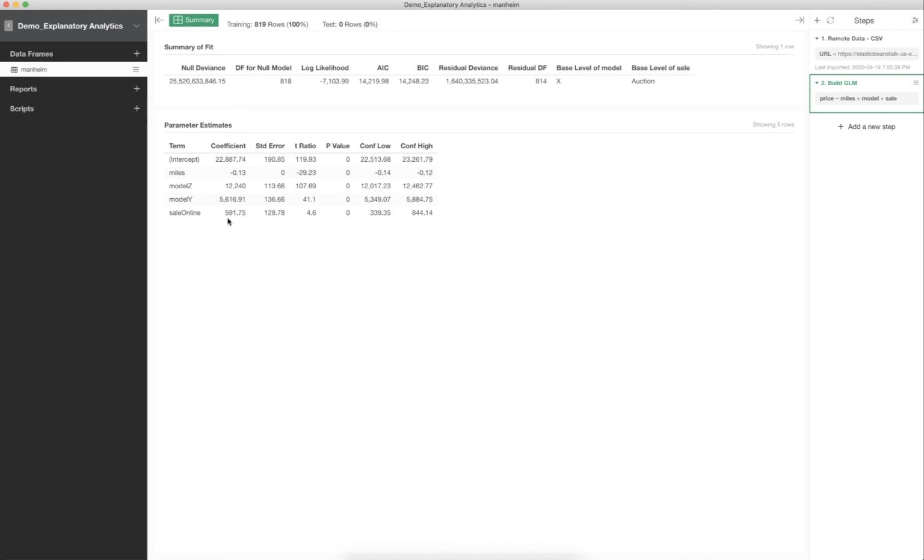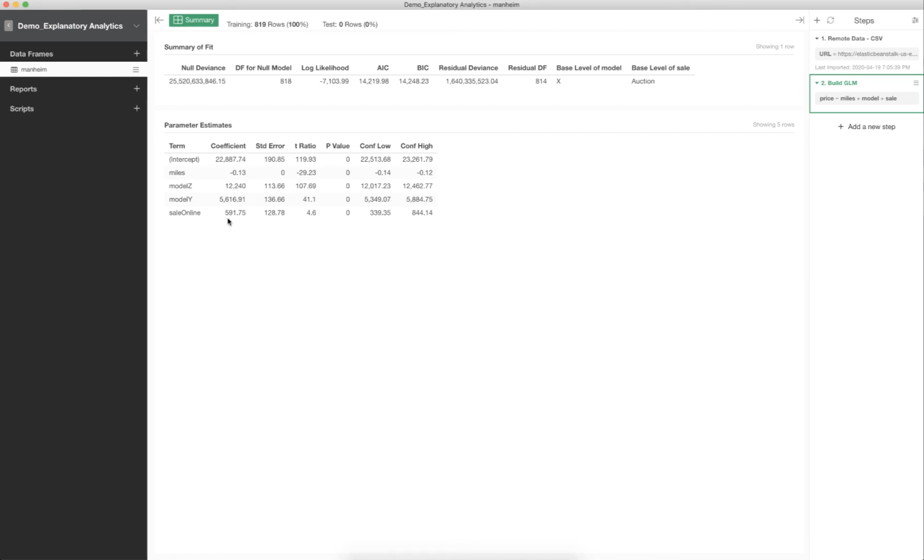This is how one would go ahead and interpret the results of a regression analysis. And so the hypothesis that miles, model, and sale significantly influence the price of a car is true. Model, miles, and sale online are all three highly influential in the price at which a car is sold.